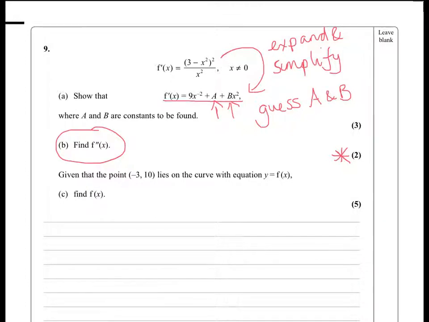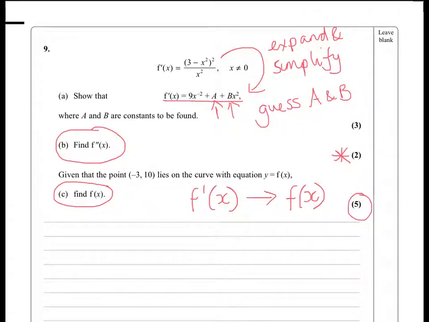Now, part C, find f of x. You've been given f dash of x and you have got to go to f of x. It's worth 5 marks, it's worth quite a lot.